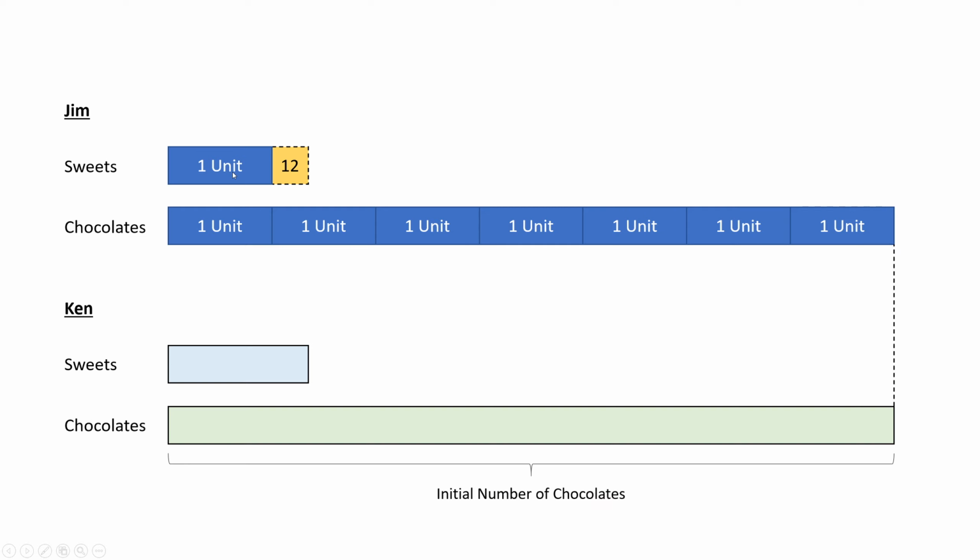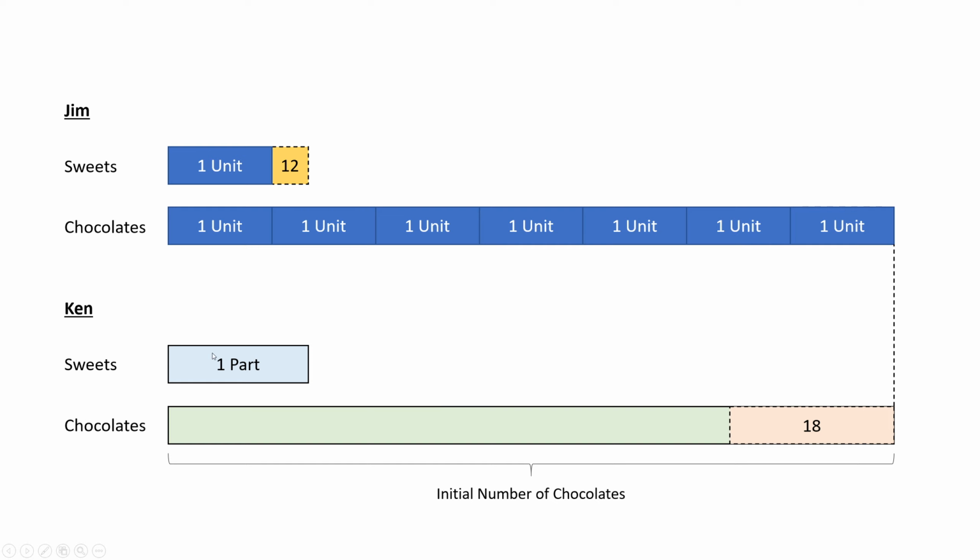Then we look at Ken. Ken had bought some chocolates in the start and he gave half to Jim. So at the start, the amount of chocolates was the same for both Jim and Ken. But Ken ate 18 chocolates, so what he had left was this section of the green bar.